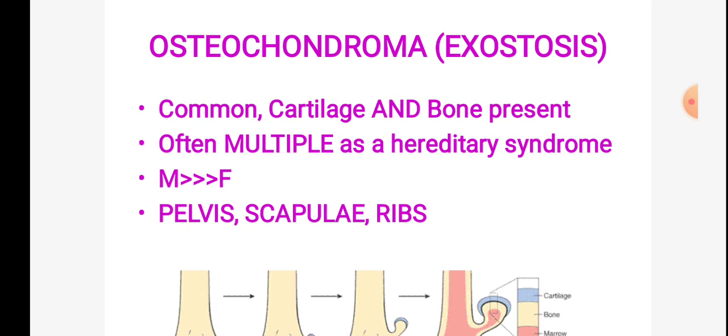Cartilage forming tumors. Osteochondromas, also known as exostosis. Common. Cartilage and bone are present here, often multiple as a hereditary syndrome, commonly seen in males. Pelvis, scapulae, ribs, the sites.